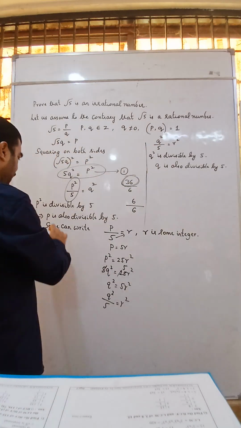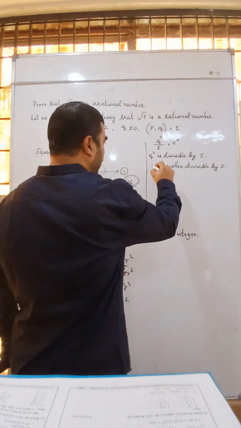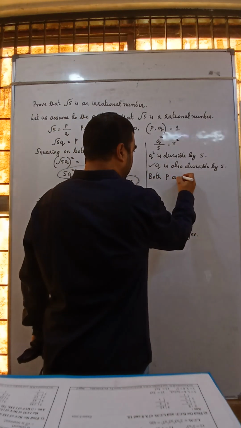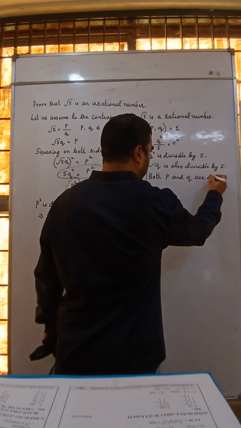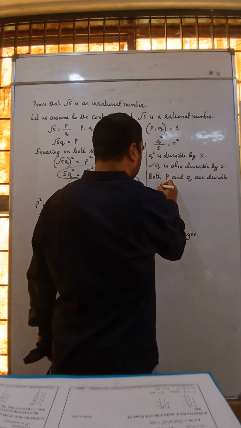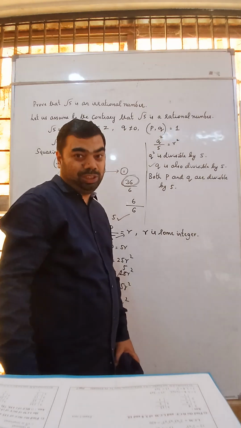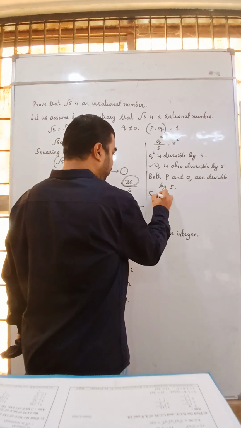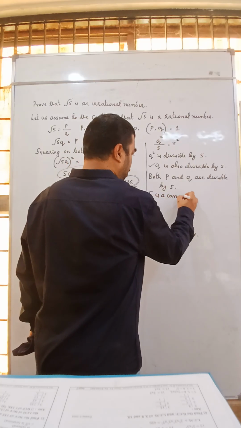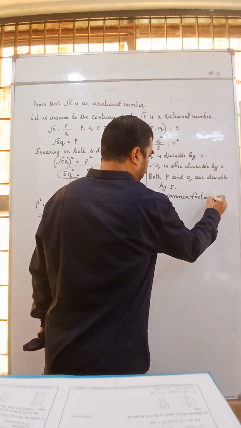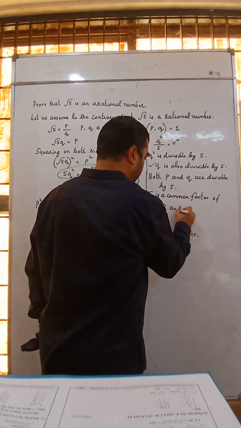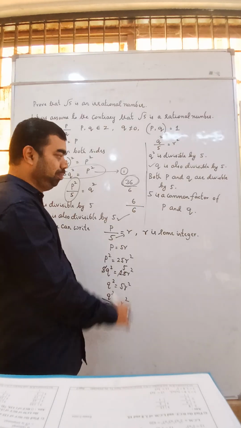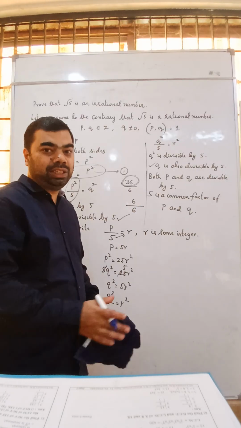Now what we got is that p is divisible by 5 and q is also divisible by 5. You can say both p and q are divisible by 5. If both p and q are divisible by 5, then 5 is a common factor of p and q. So if 5 is a common factor of p and q, then we cannot say p and q are co-prime.